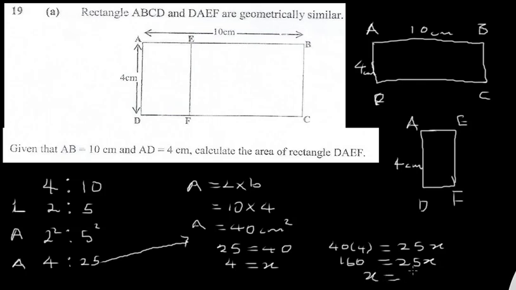So x therefore equals 6.4 centimeters squared, and this is the area of the smaller rectangle. So you'd say area equals 6.4 centimeters squared, and you are done with question number 19A.